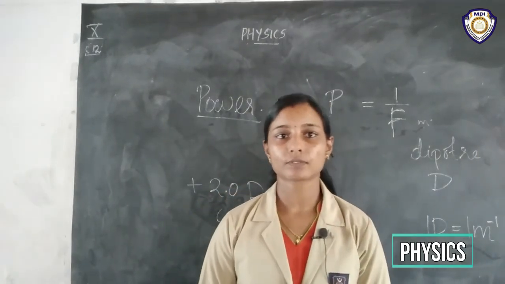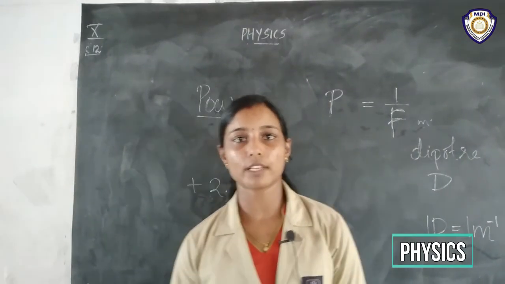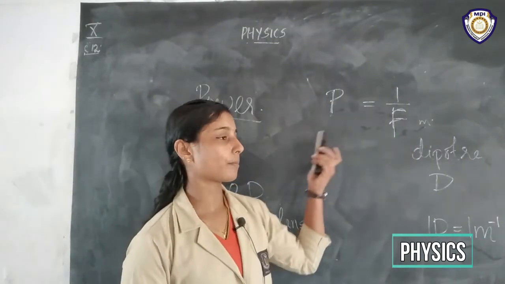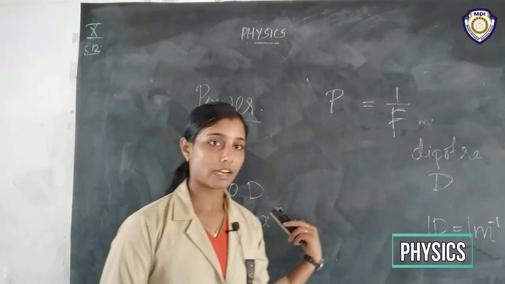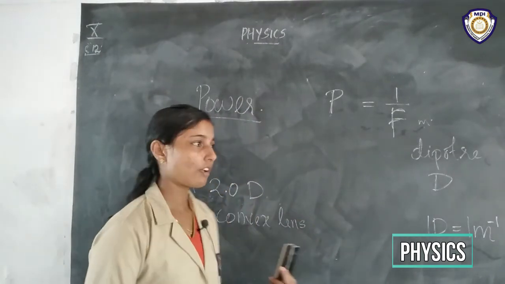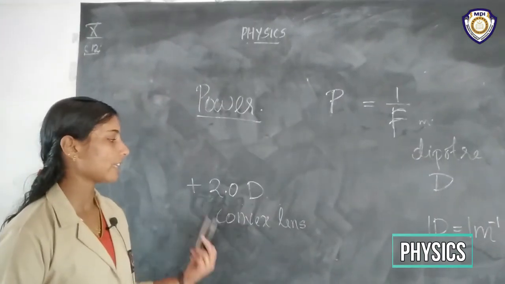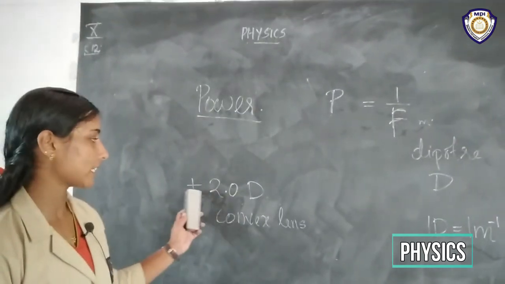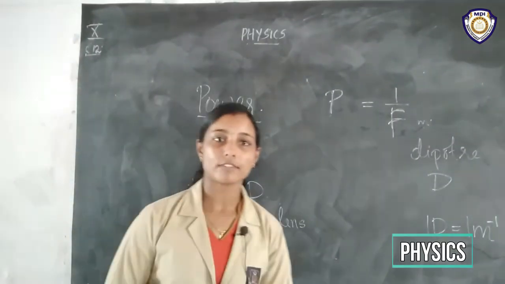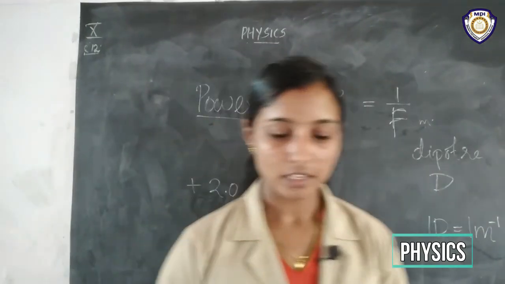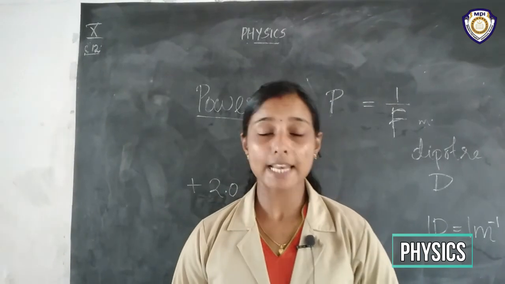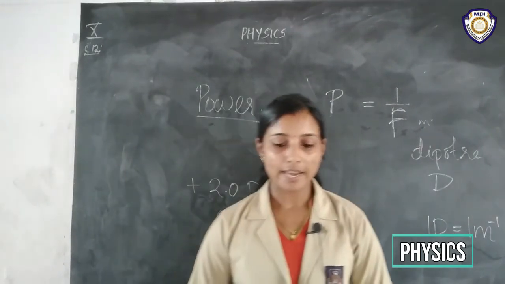You can find the power of their lenses by knowing this equation and this sign convention. Whenever we see a positive sign, it will be a convex lens, and whenever we see a negative sign in the power, it will be a concave lens. Many optical instruments consist of a number of lenses.